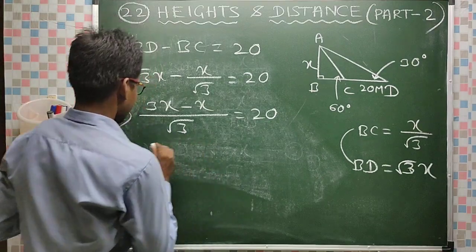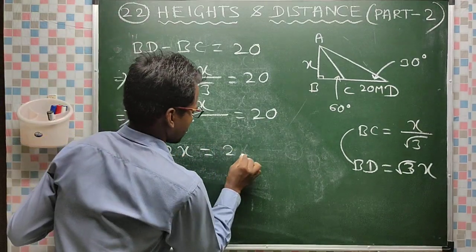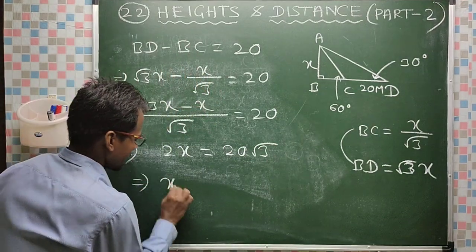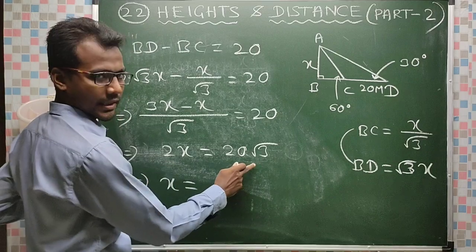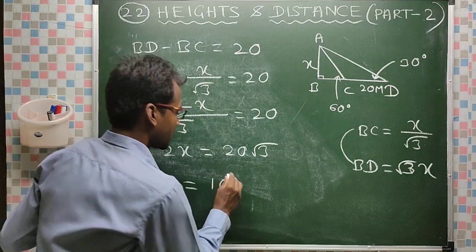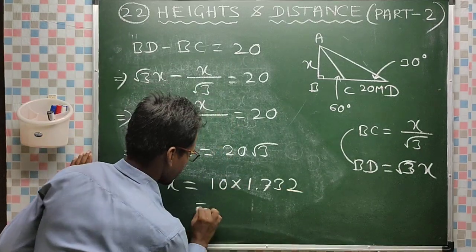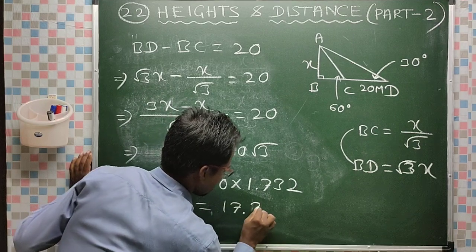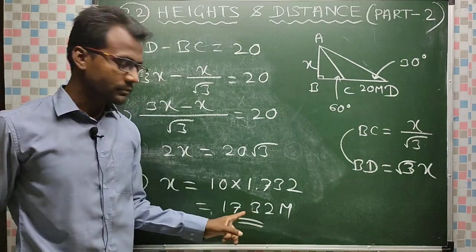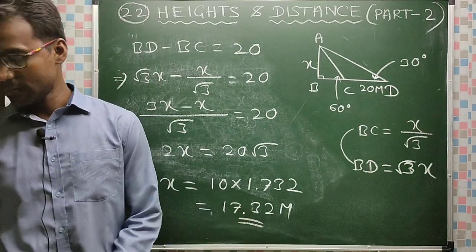So we get 2x is equal to 20 root 3. 2 will go to the other side, so x is 20 by 2, which is 10 root 3. Root 3 is 1.732, so 10 into 1.732 means 17.32 meters. So this is the height of the tree, 17.32 meters.